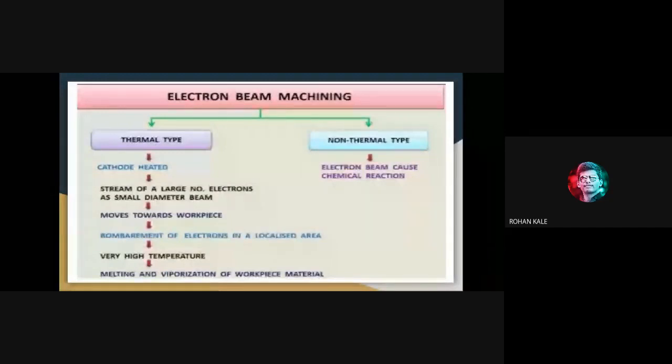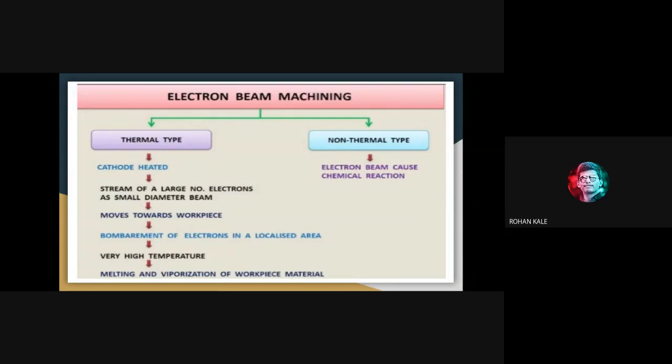You can see the cathode filament is heated, then a stream of large number of electrons as a small diameter beam will be generated from that cathode filament, and then that stream of high velocity electrons moves towards your workpiece, and due to the bombardment of electrons in that localized area of your workpiece surface, the temperature will rise.